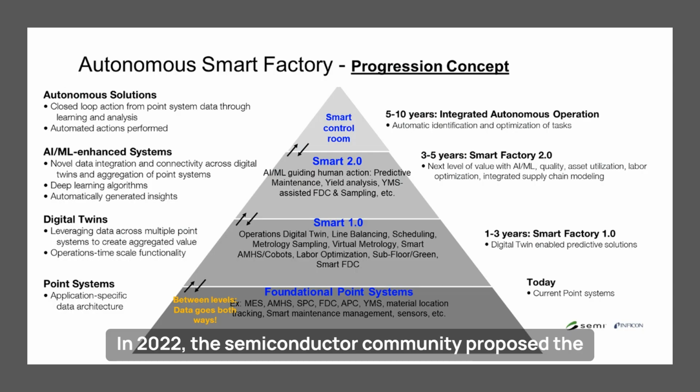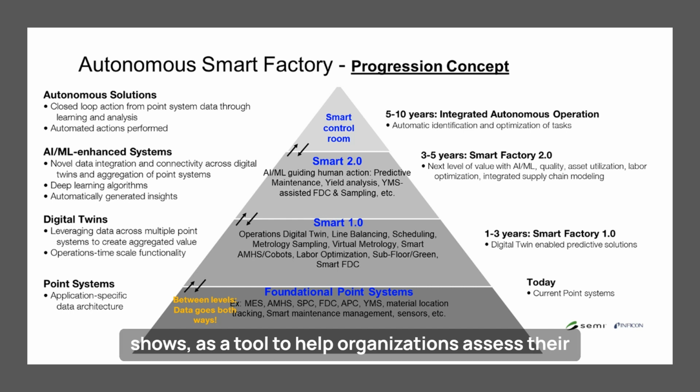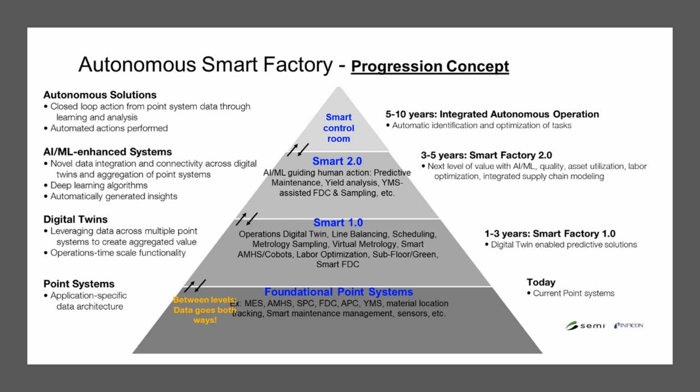In 2022, the semiconductor community proposed the Industry 4.0 Readiness Assessment Model, as this slide shows, as a tool to help organizations assess their progress in deploying Industry 4.0 technology.